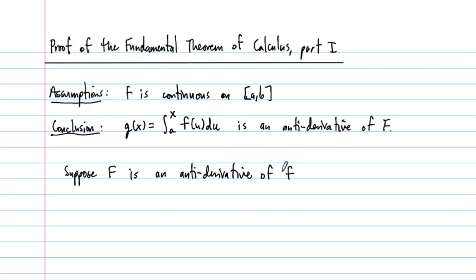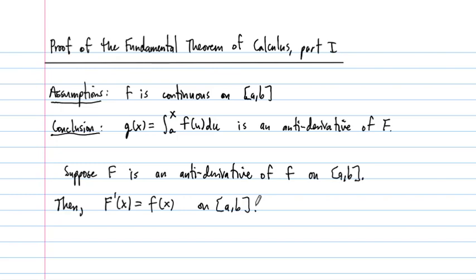All right, capital F is an antiderivative of little f on this interval from a to b. Then, really all we have to do to prove this one is to compute. So remember, first of all, I'll just write down what it means, but this means that big F prime of x is equal to little f of x for every x in this interval from a to b.